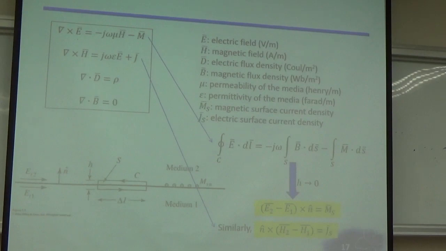Because for any vector A, the direction of this one will be N cross E. The direction of this one will be the same.